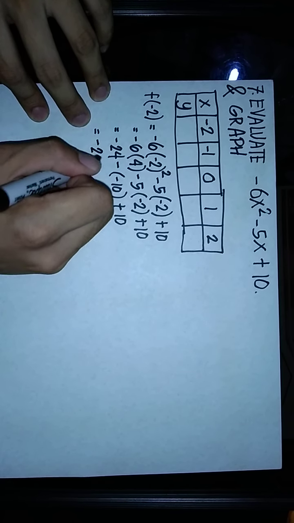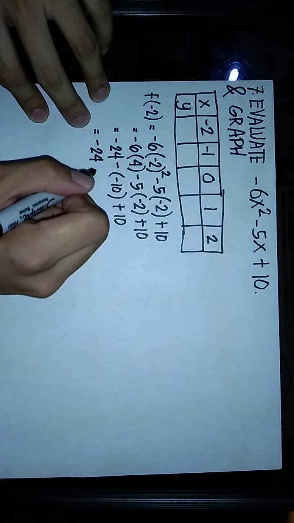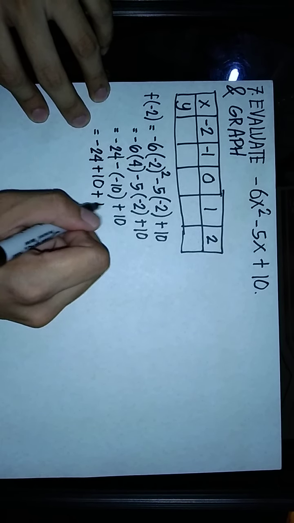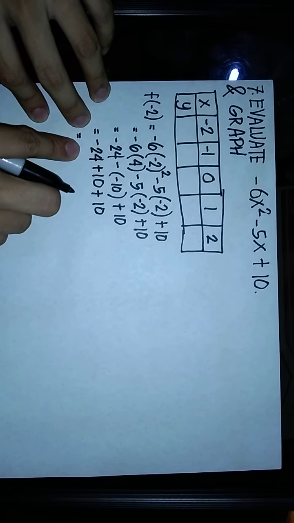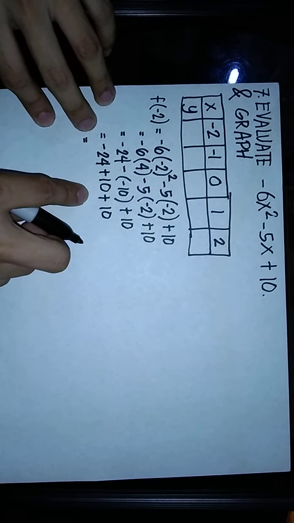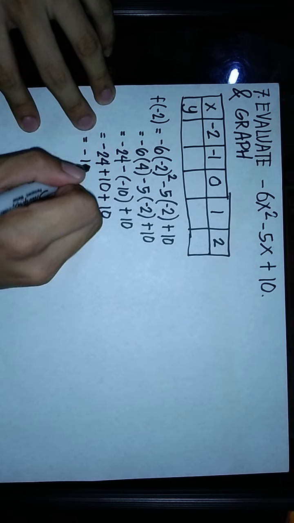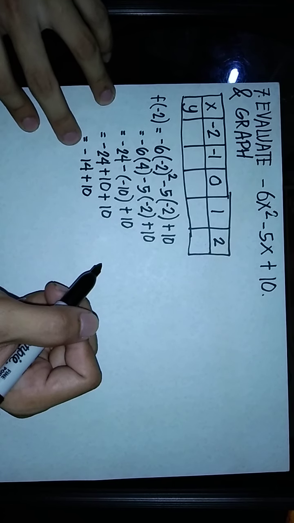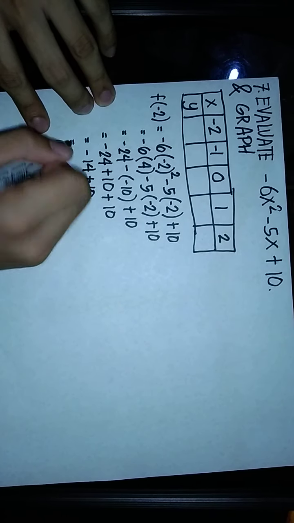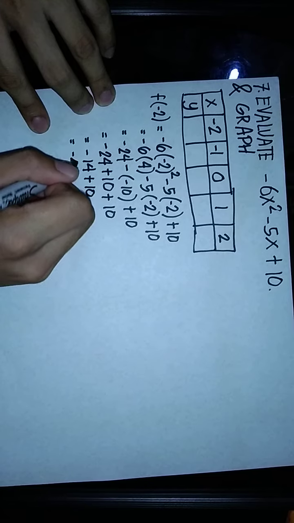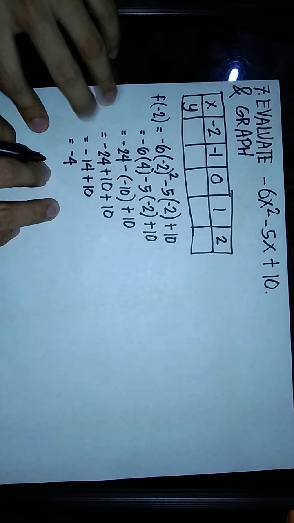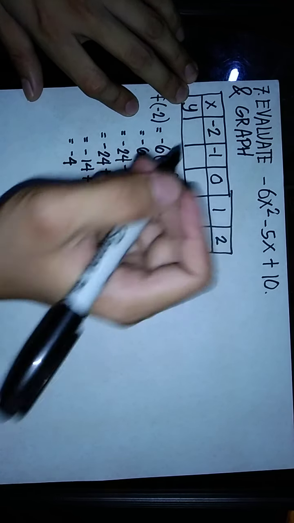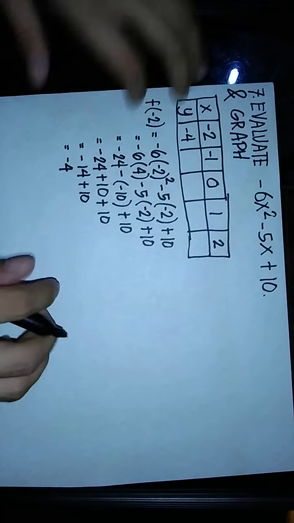So, we have negative 24 negative times negative, that is positive 10 plus 10. So, negative 24 plus 10, that is equals to negative 14 plus 10. So, negative 14 plus 10, that is equals to negative 4. So, ang ating negative 2 for x values, ang y value niya ay magiging negative 4.